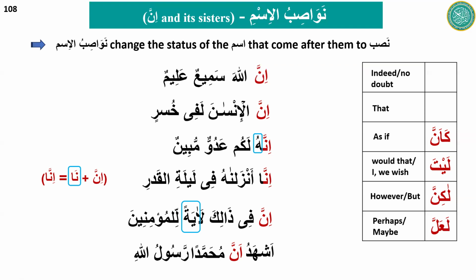May not be right after, maybe at some distance, but it will be there. And remember, when inna or any of these sisters are there and there is a pronoun attached to it, we don't look at the haraka of that pronoun. We just simply say it is in nasab status. Simple as that. And there are more examples here.